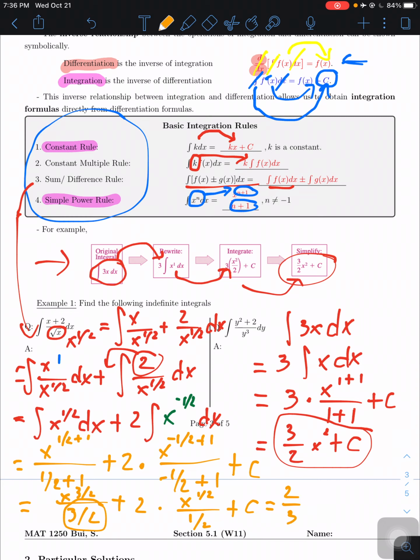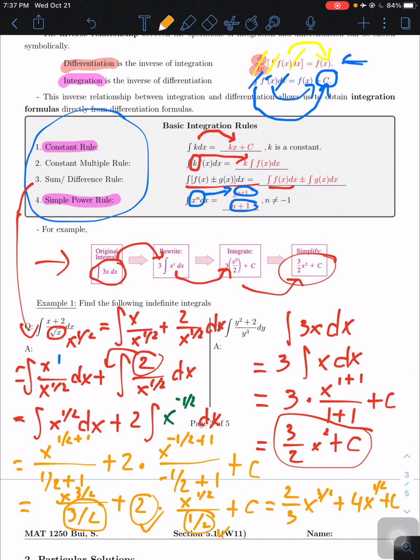So it's going to be 2/3 x to the 3/2, and then plus, this one is on the bottom, so I'm going to flip it again. So I'm going to have a 2, but on top of that, I also have another 2, right? So that means I'm going to have a 4 in here, because of this 2 and that 2. And then this is x to the 1/2, and at the end I'm going to have a plus c.